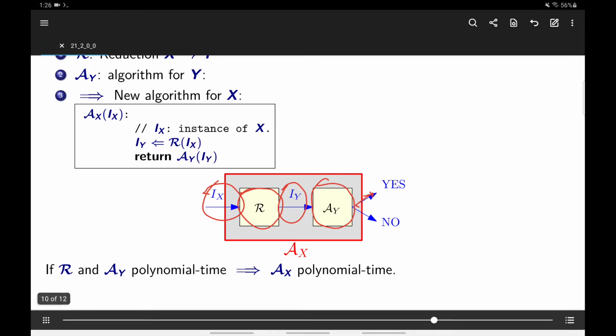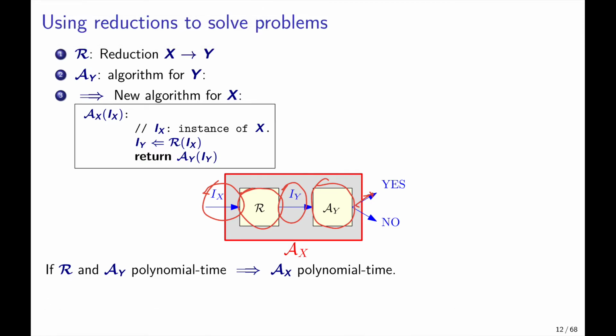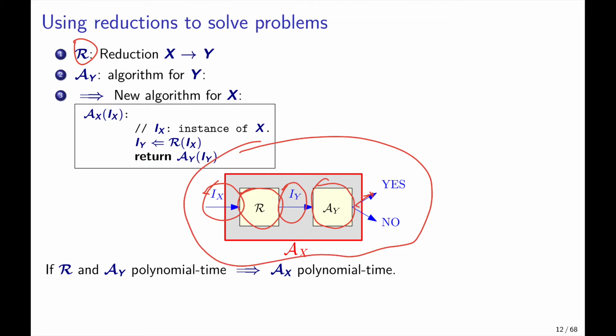Okay, and for our purposes, the critical thing is that if the reduction is polynomial, then the whole new algorithm is polynomial. Now, this is of course not quite true, right? What we need here is two things. We need that the reduction is polynomial time, and that the output it generates is of polynomial size in the original input.